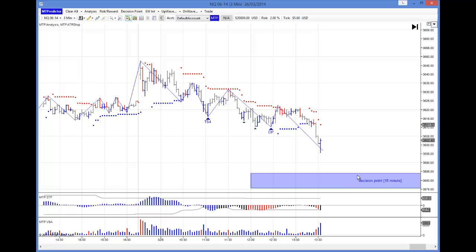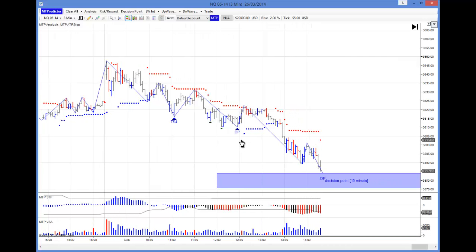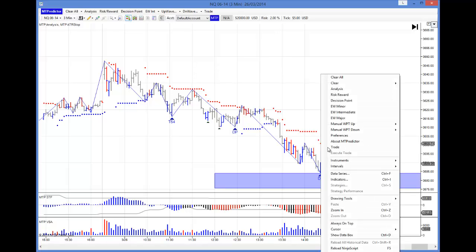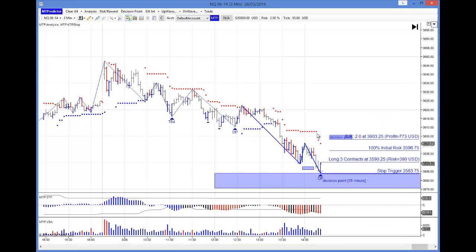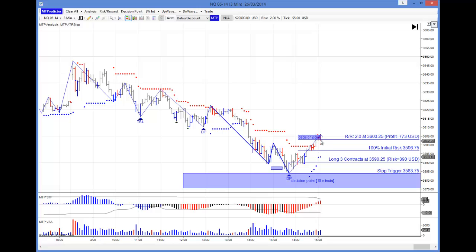This is the beauty of these tools, they are leading, they are on the chart in advance. So as the market was coming down here, you'd been watching, and then suddenly when this DP buy came in, you'd have seen that it was at a level where you'd anticipated support was likely already, and as such you could be ready for that particular trade, which as we've seen resulted in a nice 2-hour profit.